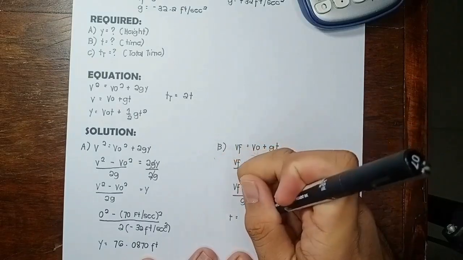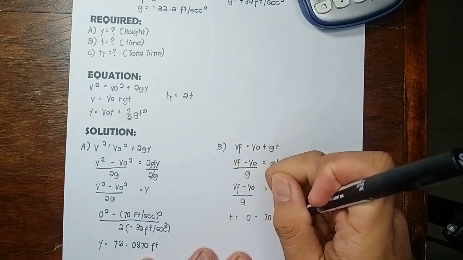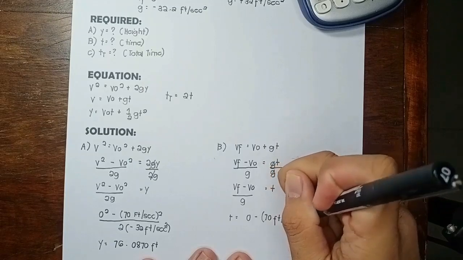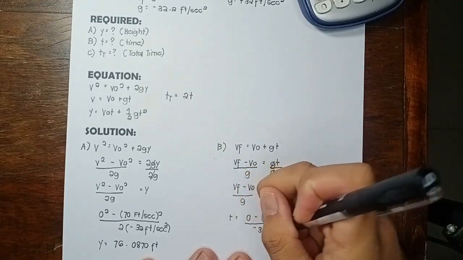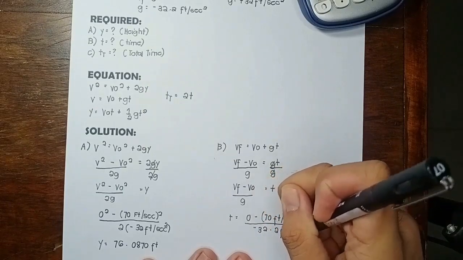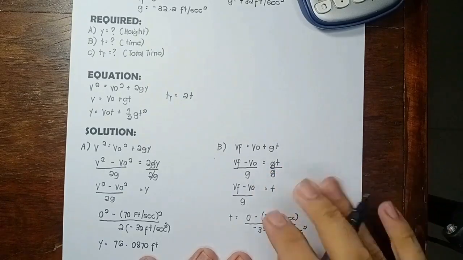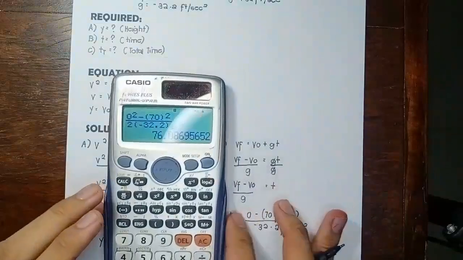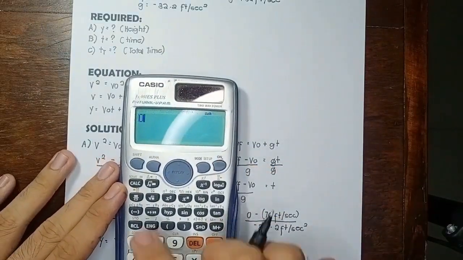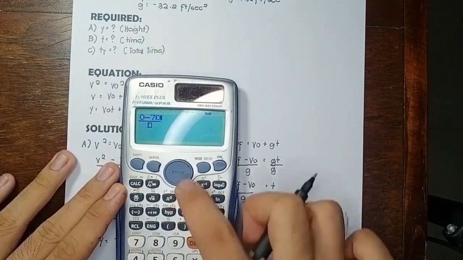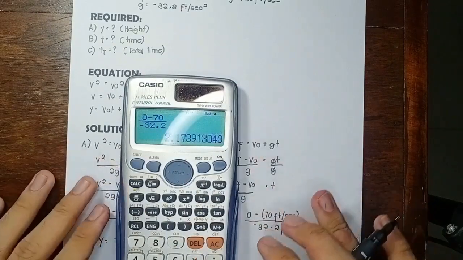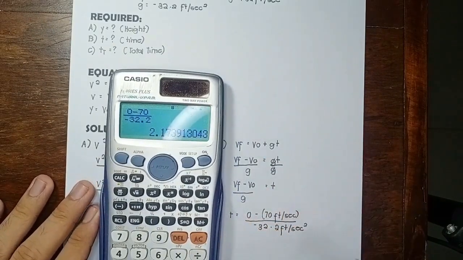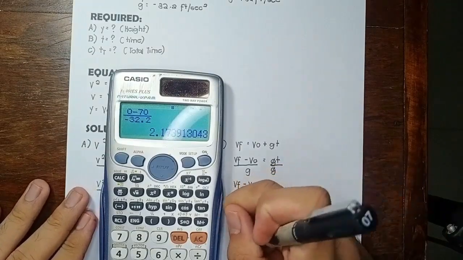Substitute the given values. 0 minus 70 divided by negative 32.2. Now calculate 0 minus 70 divided by negative 32.2. We've got 2.1739 seconds.